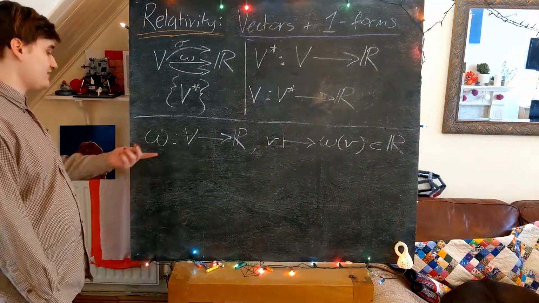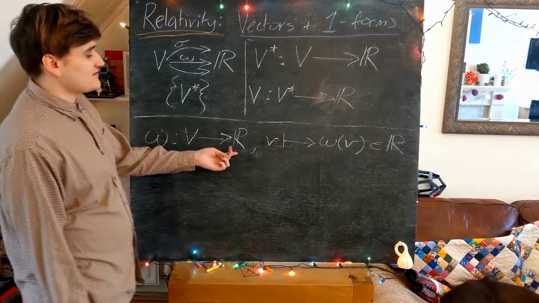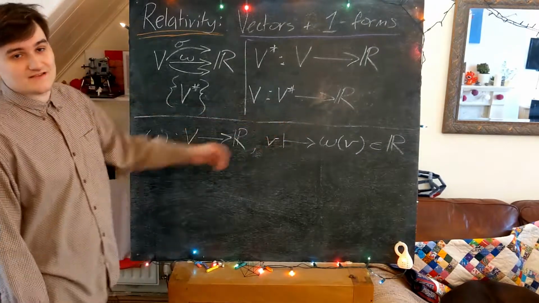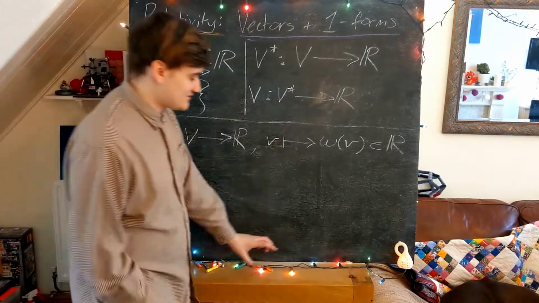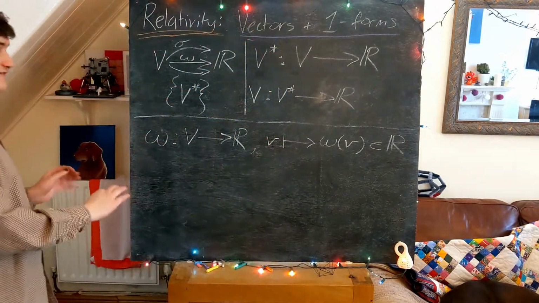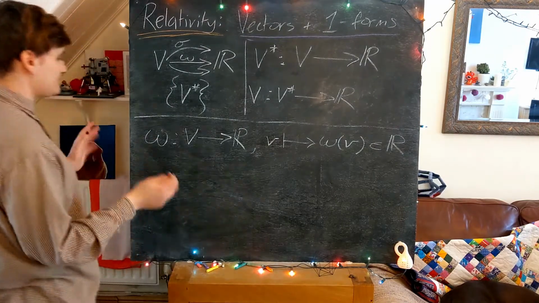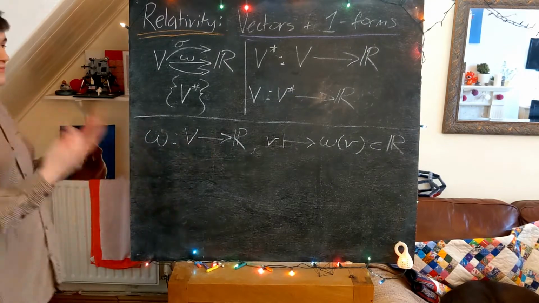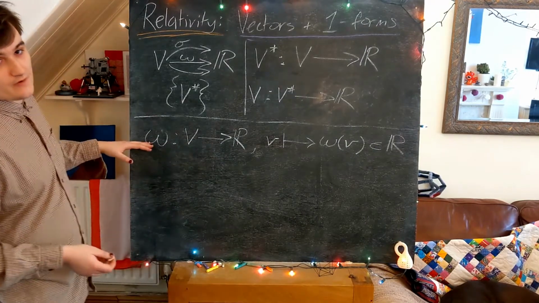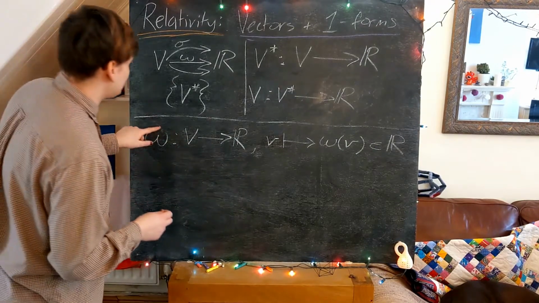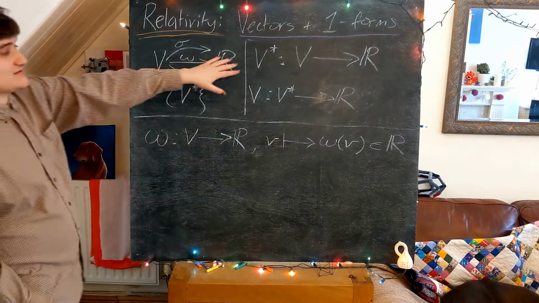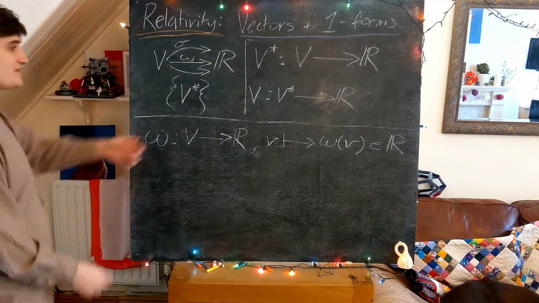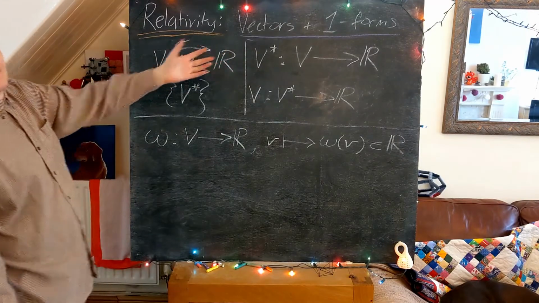So I've just defined an arbitrary map from a vector to a real number, and I'm calling this a one-form. I haven't really done anything significant yet. All I've done is write down what a linear map is from a vector. But this is now going to be a one-form, so it lives in a dual space. And this dual space is simply a vector space.